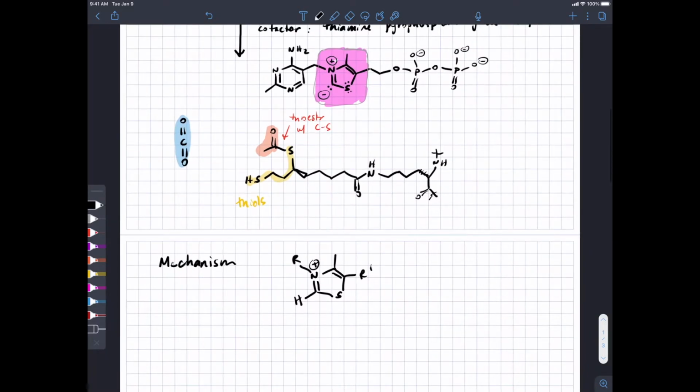Okay, so because this molecule has a positive charge on this nitrogen, it's actually quite easy for a base to remove this proton and give you the thiamine ylide.